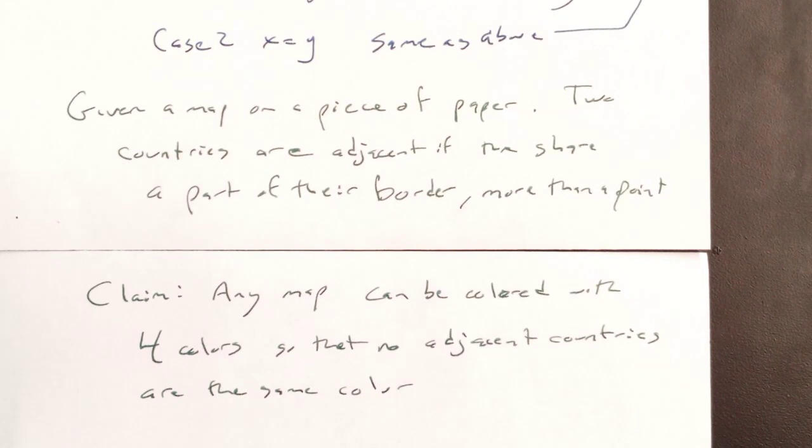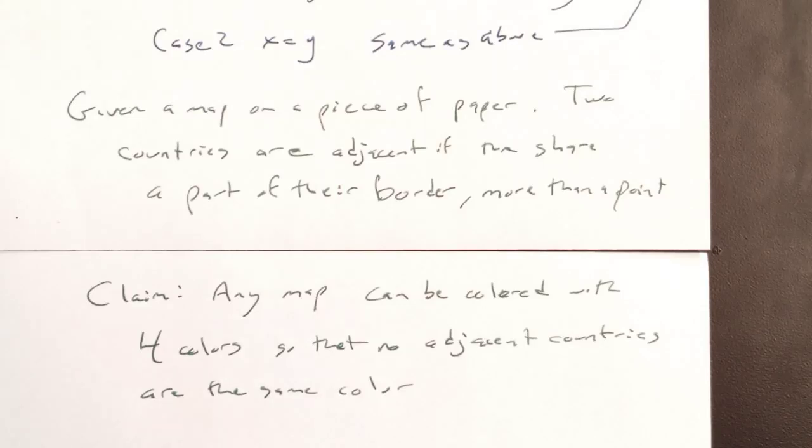The four color conjecture said that no matter what map you draw, it takes no more than four colors to color them so that no countries that are adjacent share the same color. This idea was unproven for about 200 years.